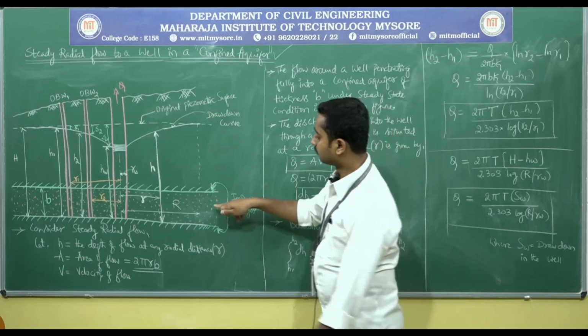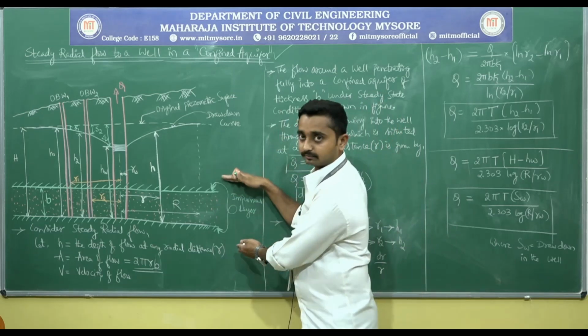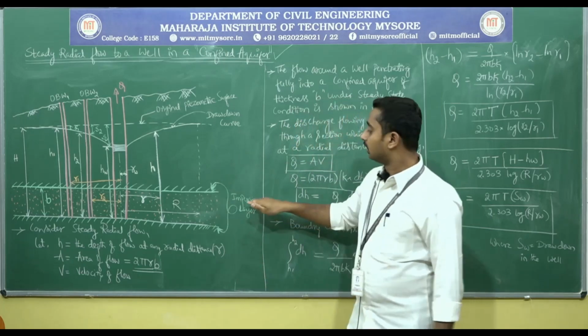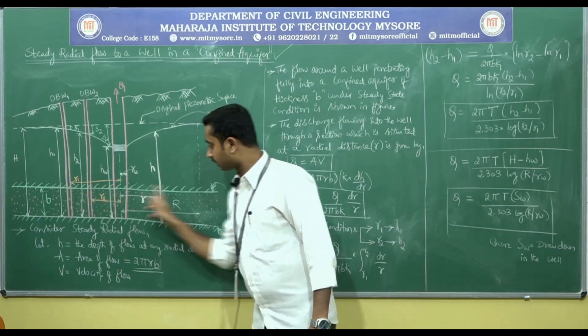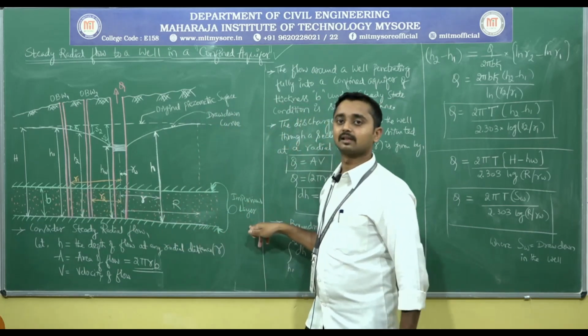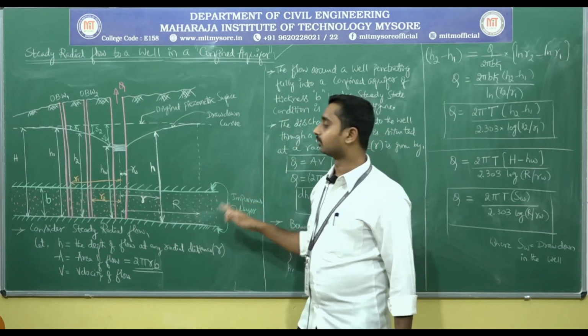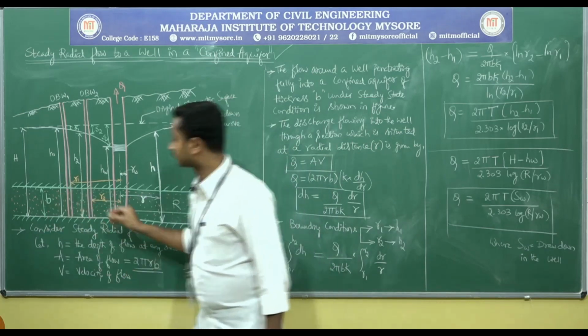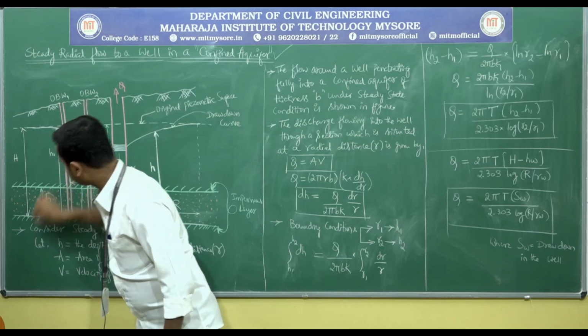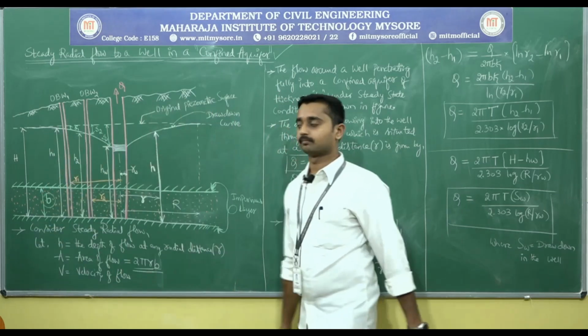But here the water is confined between impervious layers. This is important: the thickness between the two impervious layers is B.